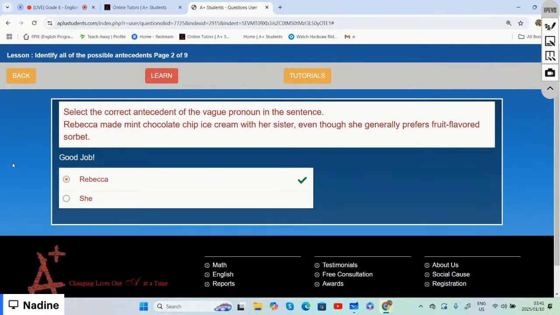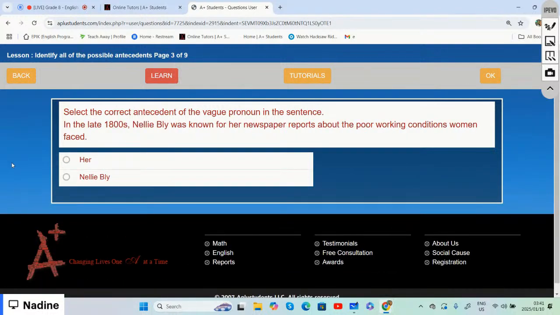So Rebecca is our antecedent. In the late 1800s, Nellie Bly was known for her newspaper reports about the poor working conditions women faced. So we need to select the correct antecedent of the vague pronoun within the sentence. Is it her or Nellie Bly?